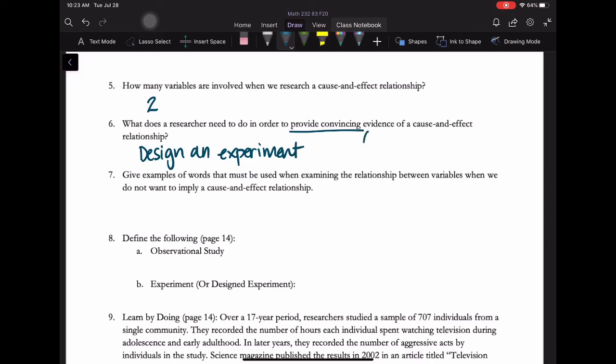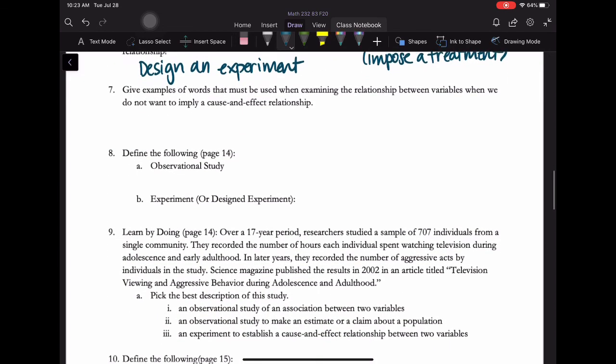And so you'll hear that terminology throughout the semester. Imposing a treatment means you're introducing a treatment into the environment, actually giving something to someone, like assigning somebody to a certain exercise regimen, or assigning a pill to somebody, or introducing some sort of element in a controlled environment.